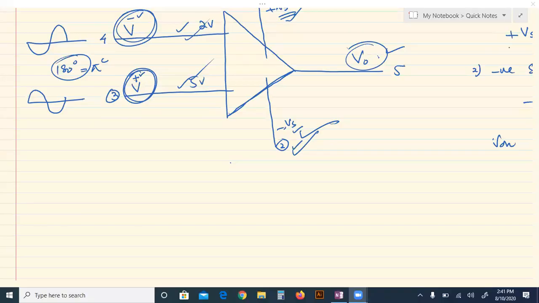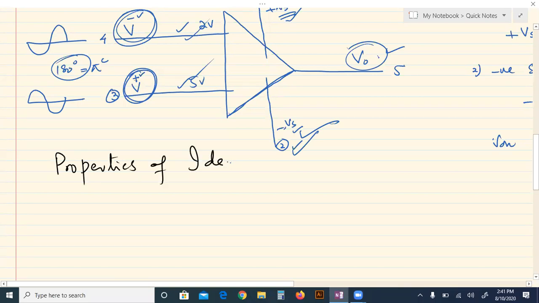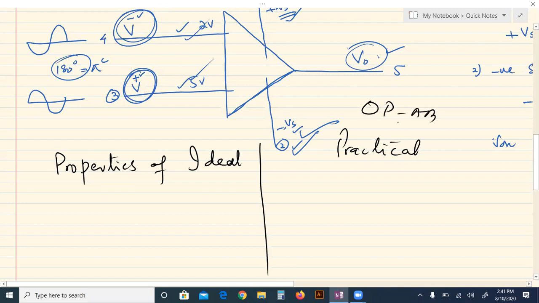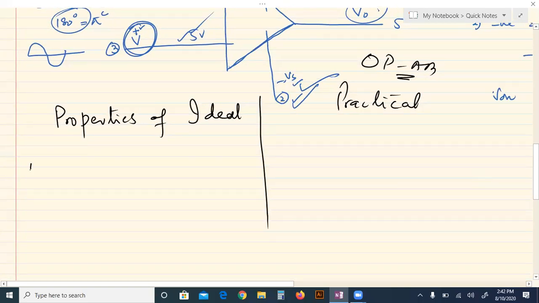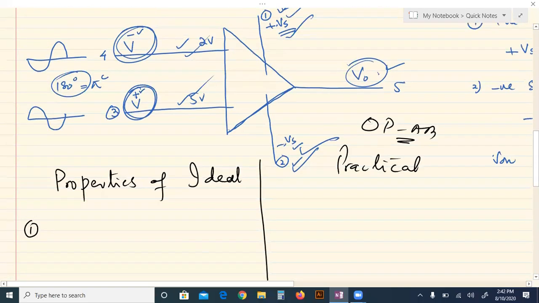Now the properties of the ideal and then the practical operational amplifier. Number one, it was assumed that the resistance of these two terminals must be infinity.